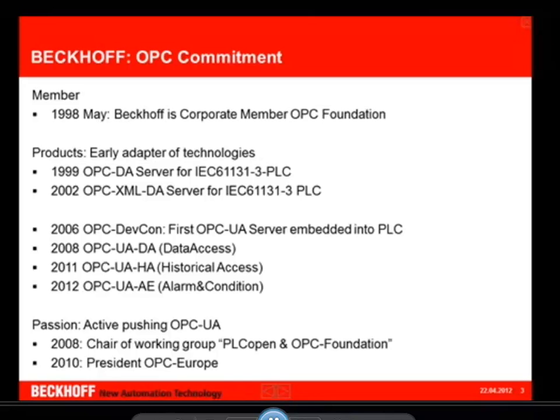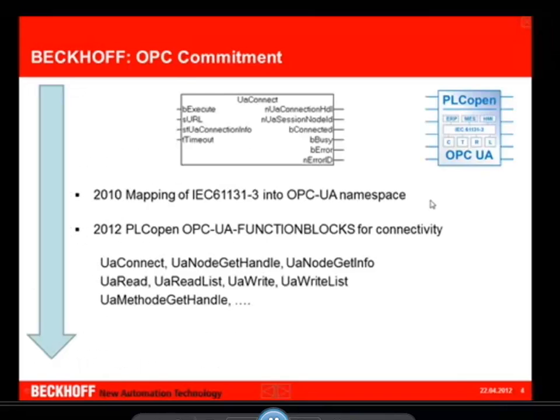But today in 2012, we have OPC Unified Architecture, Data Access, Historical Access, and Alarm and Condition integrated into our embedded devices. We are also very active in European working groups. One of the working groups is a cooperation between Unified Architecture and PLCopen, and this is what Beckhoff drives as a chair.